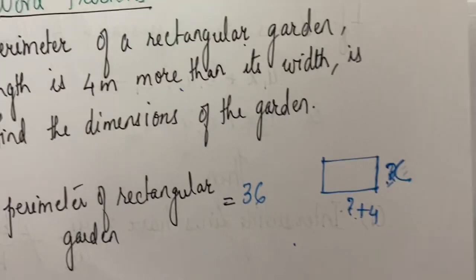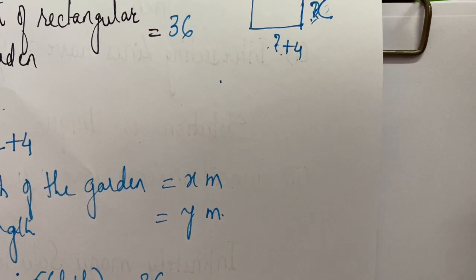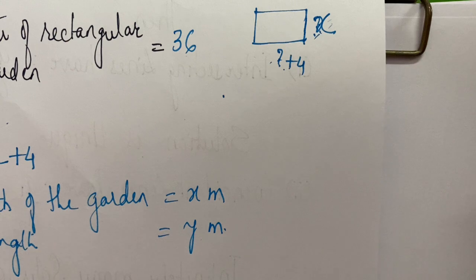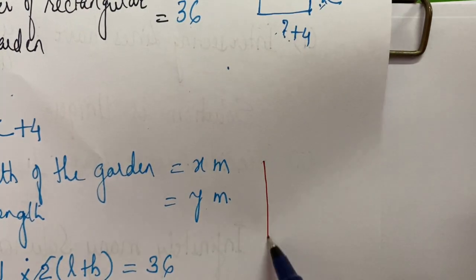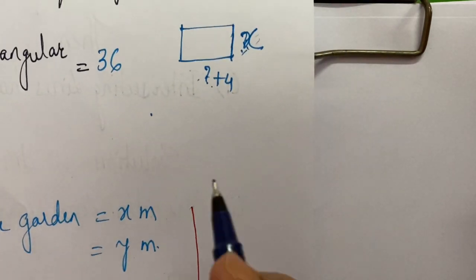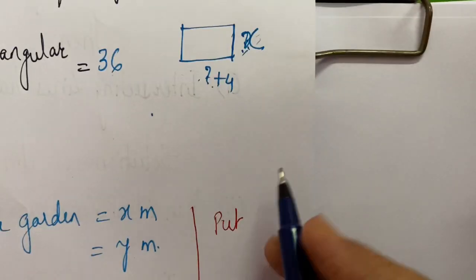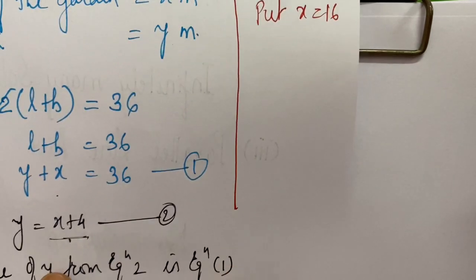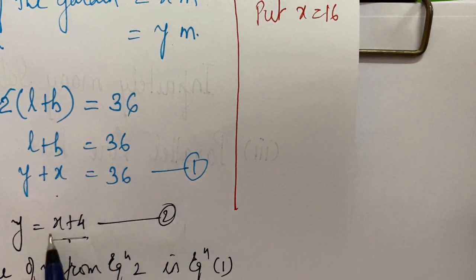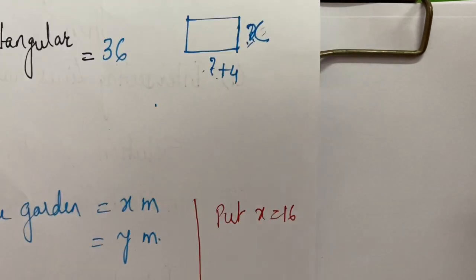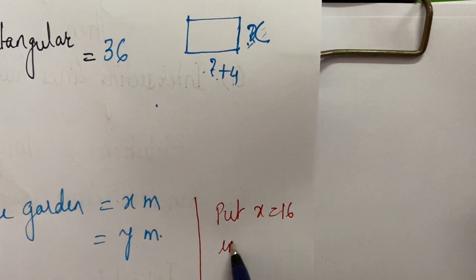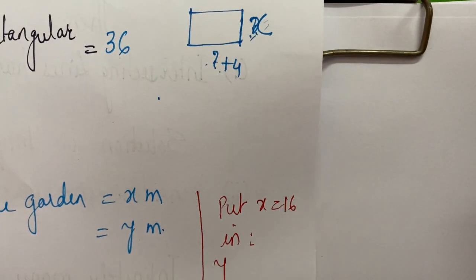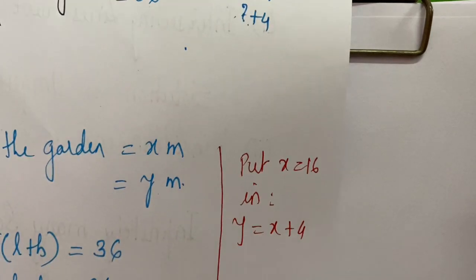Length will be equal to, here I am writing, put x is equal to 16 in equation 2. I'll get the value of y. Put x is equal to 16 in y is equal to x plus 4.